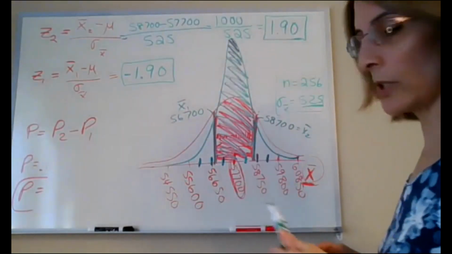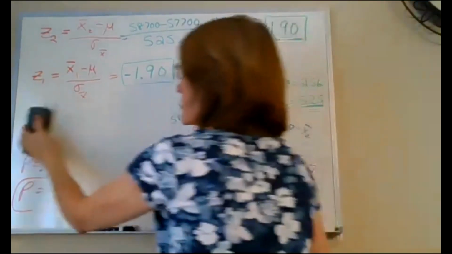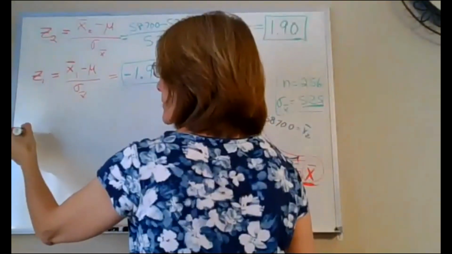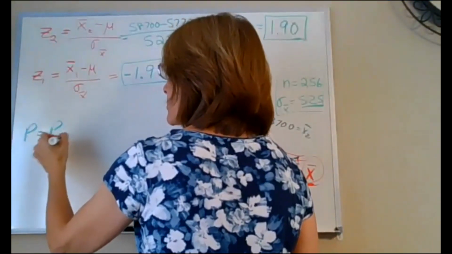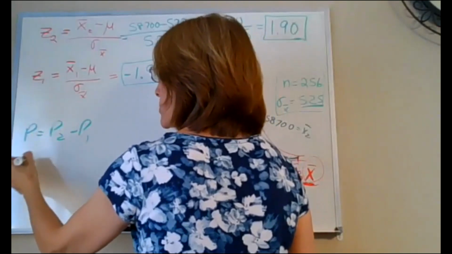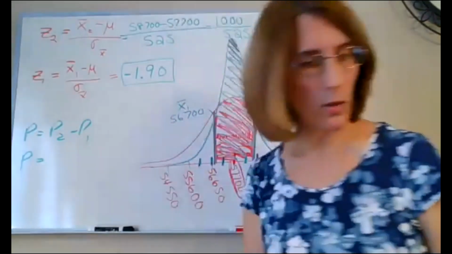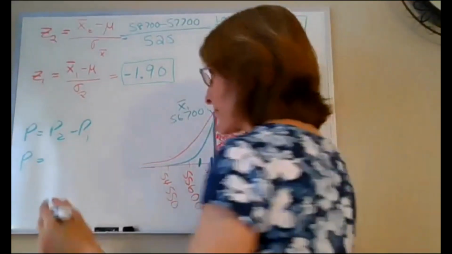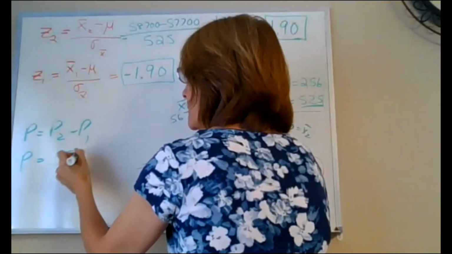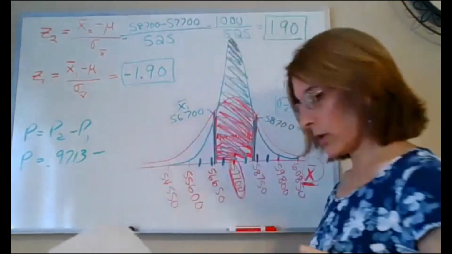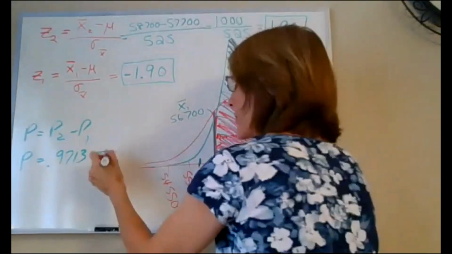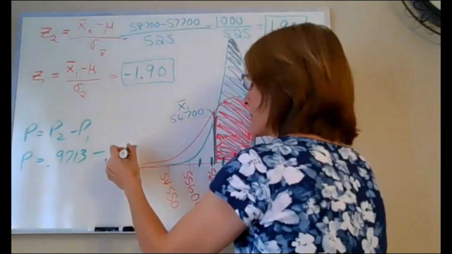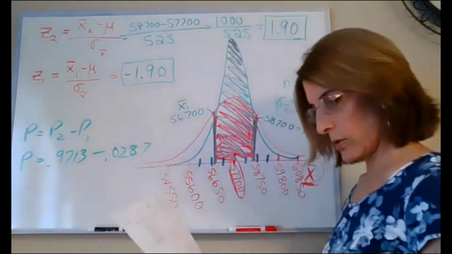And the probability we're looking for is still going to be P2 minus P1, except now our probabilities are going to be different, right? Because our Z's are different. P2 minus P1. So now the new probability will be, when we look up 1.90, we get 0.9713. And when I look up a negative 1.90, I get 0.0287.